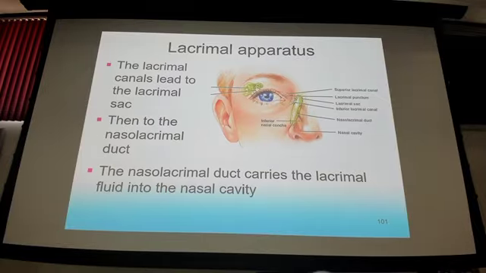So the large structure that we see here is where they're draining into the lacrimal sac. And then ultimately that's going to go to the nasolacrimal duct, which explains why when a child or an adult, anybody's tearing up, your tears have to go across the eye like that and drain through the lacrimal puncta to the lacrimal sac, to the nasolacrimal duct, and into your nasal cavity.